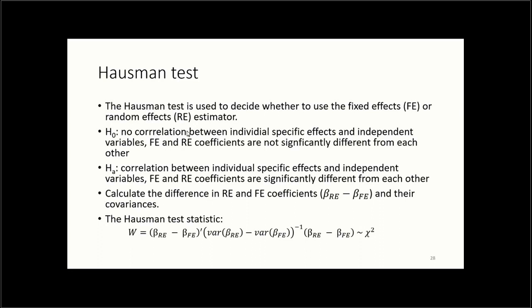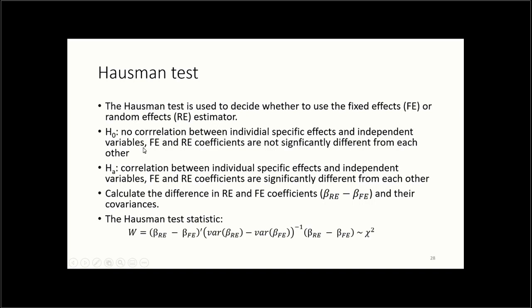Okay, so now we talked about fixed effects and random effects estimator, and the question is, which of these two estimators would we actually use? So the Hausman test is used to decide whether to use the fixed effects or the random effects estimator. So here, the null hypothesis would be no correlation between the individual specific effects and the independent variables.